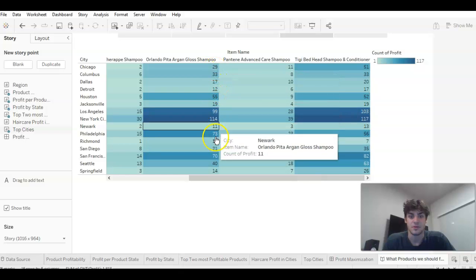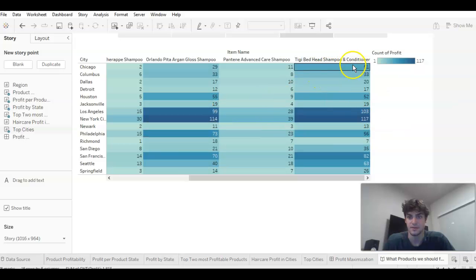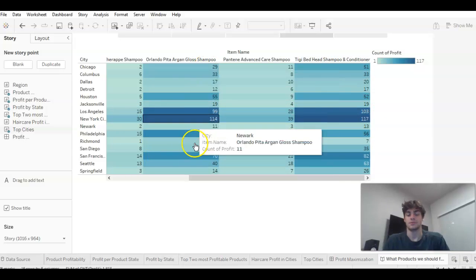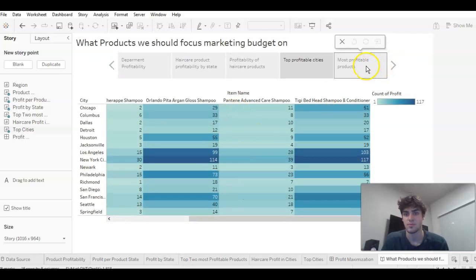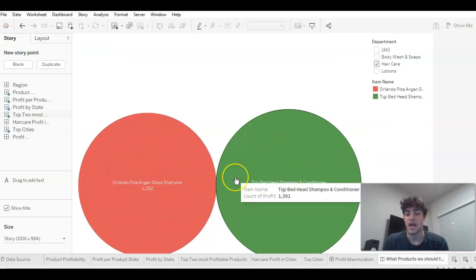As you can see, these numbers are a lot bigger than these here. These numbers here are a lot bigger than the numbers here and here. And yeah, so these two products were showing me the most profitability. That's when I went in and I saw that these two products were actually the most profitable products.